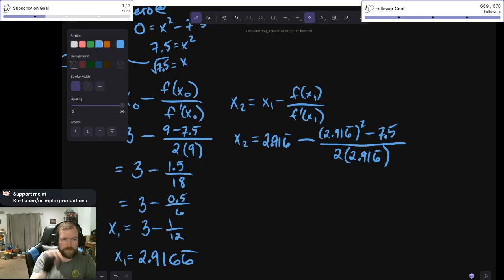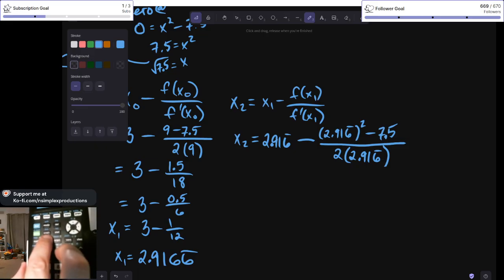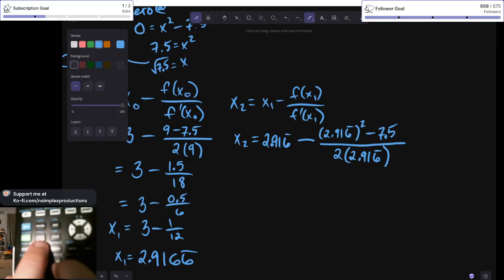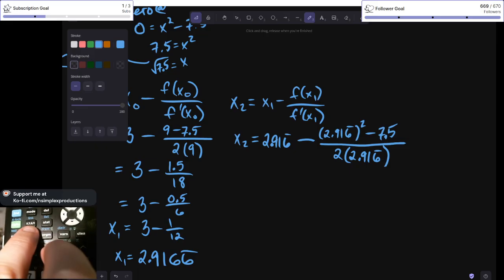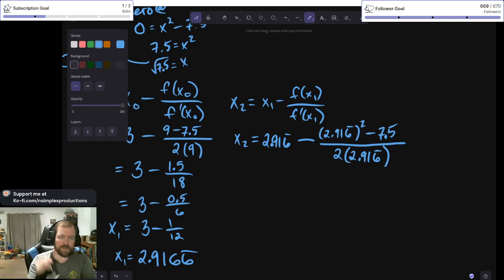If you hit 3, store, and then the x variable key right here, it'll pop up with x because we're working in function mode. So 3 store to x, hit enter, it'll say 3 because now it just stored the 3 into the x.